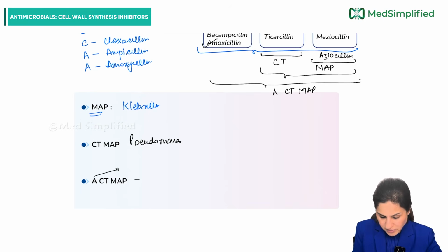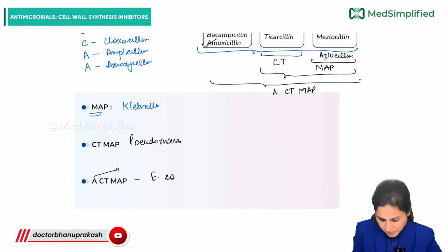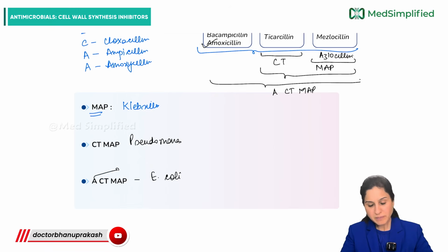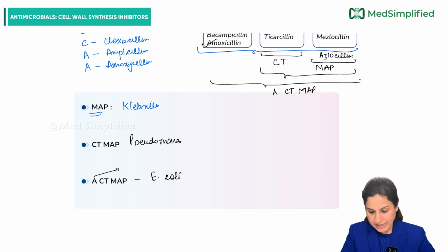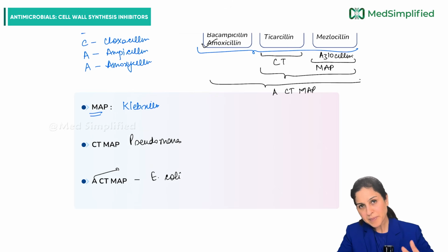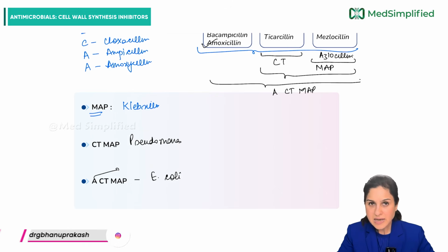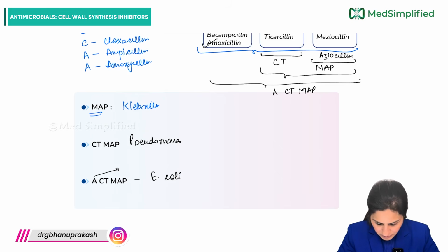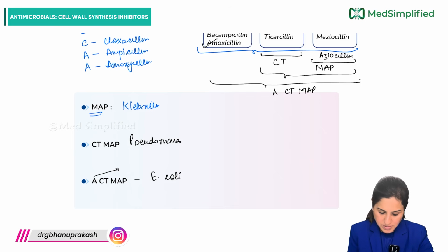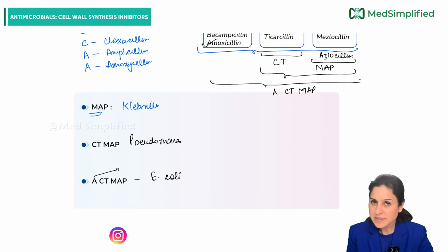This is effective against E. coli. Easy way to remember: MAP is against Klebsiella, that is mezlocillin, azlocillin, and piperacillin. CT-MAP, that means MAP plus CT, carbenicillin and ticarcillin, is also against Pseudomonas. Then you add A, aminopenicillins, which are also effective against E. coli. So this is the way to remember these drugs.